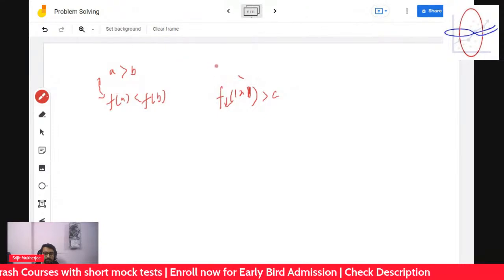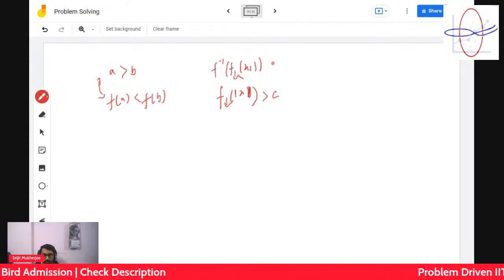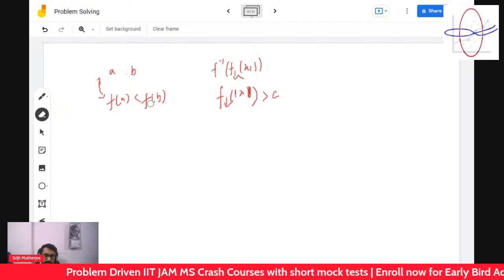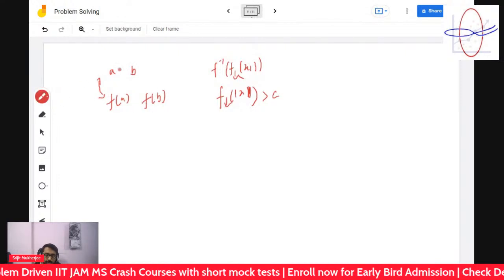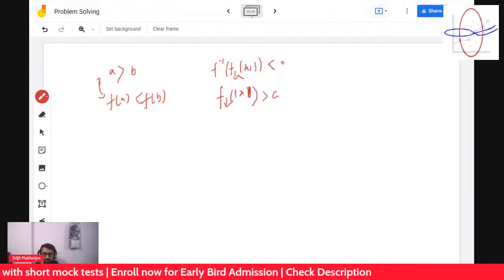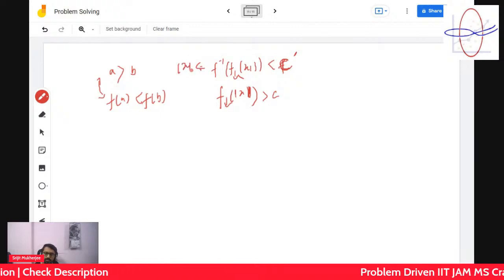So we can get this by f inverse, right? So f inverse of f. If a is greater than b, then f of a is less. So this is less than some f inverse of c, which is some c dash, and this is nothing but mod x. Did you understand?